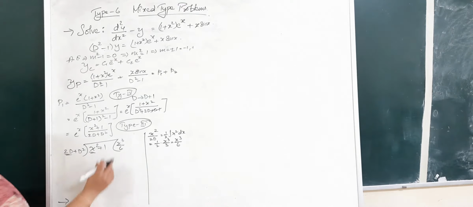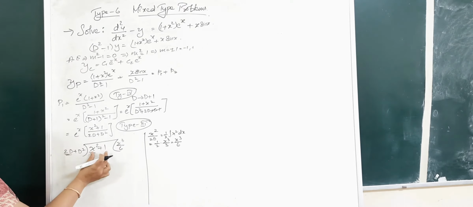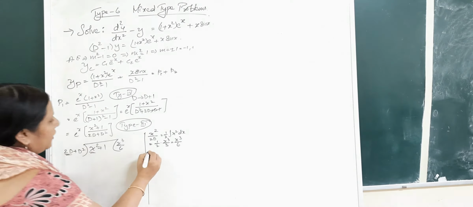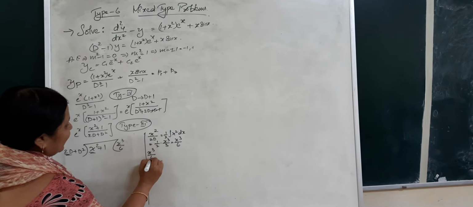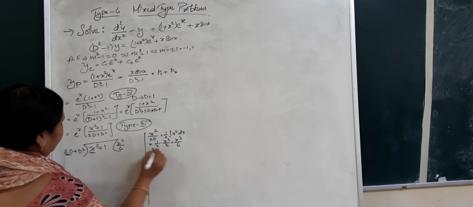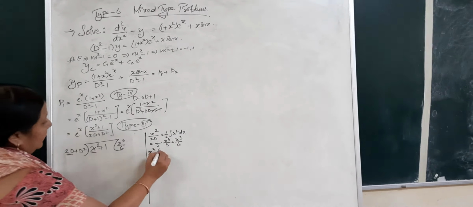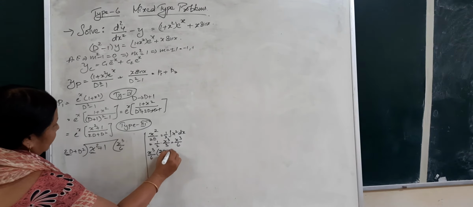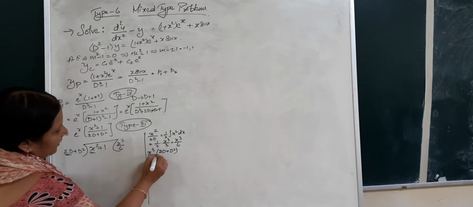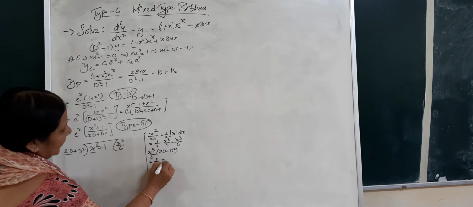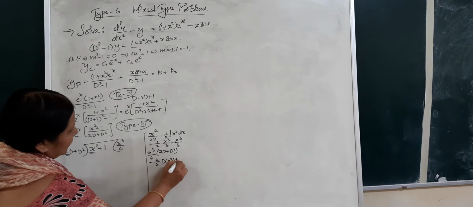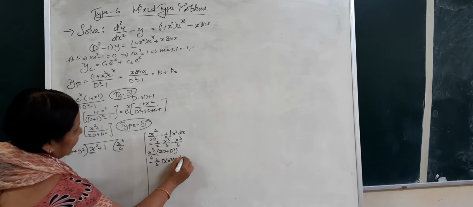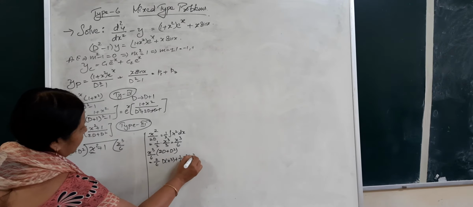Now multiplying this first term of the quotient with the entire denominator, 2d plus d square, we get x cube by 6 times 2d plus d square. Simplifying this, we get 2 by 6 derivative of x cube plus 1 by 6 second derivative of x cube.